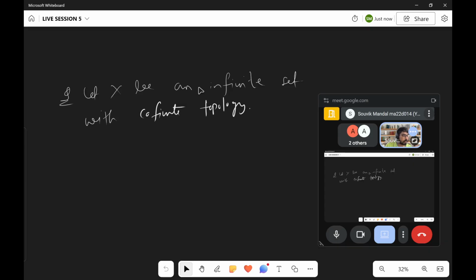You need to show whether X is connected or not. Is the cofinite topology connected or not? That's what you need to show.